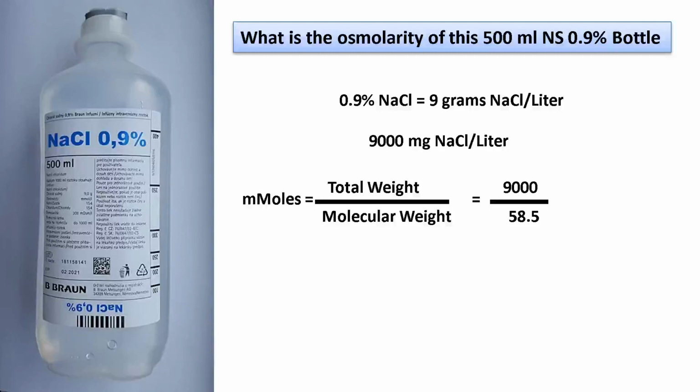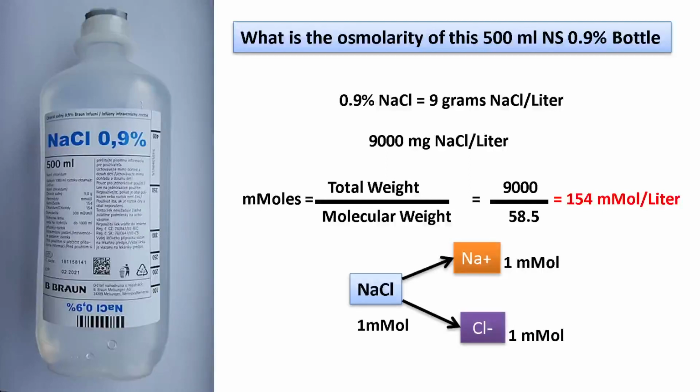Total weight 9000 milligrams is divided by the molecular weight of sodium chloride, which is approximately 58.5. Therefore, we get the concentration of sodium chloride as 154 millimoles per liter.